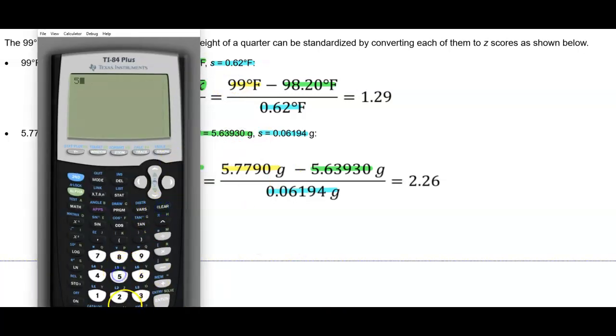We have 5.7790 minus 5.63930, and then we divide that result by the sample standard deviation, which is 0.06194. And then we get 2.2554084460. Now remember, we're rounding this to 2 decimal places. So that 5 tells us that we need to round up. So we end up getting a z-score of 2.26.